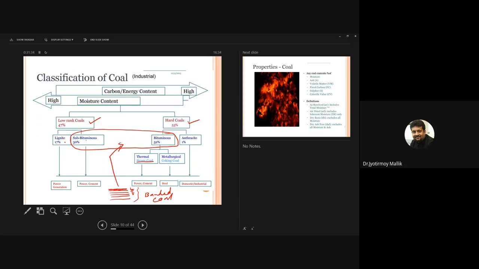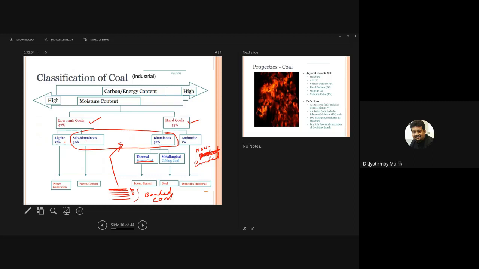And in anthracite, you will find that this banding is kind of lost. There is no banding, so this is called non-banded coal. Because of the heat, this individual beautiful banding in coal is lost.